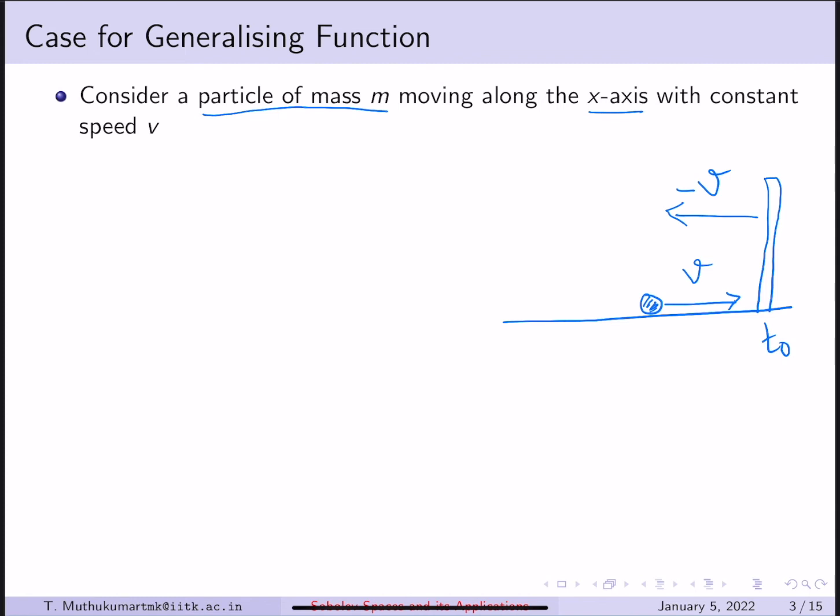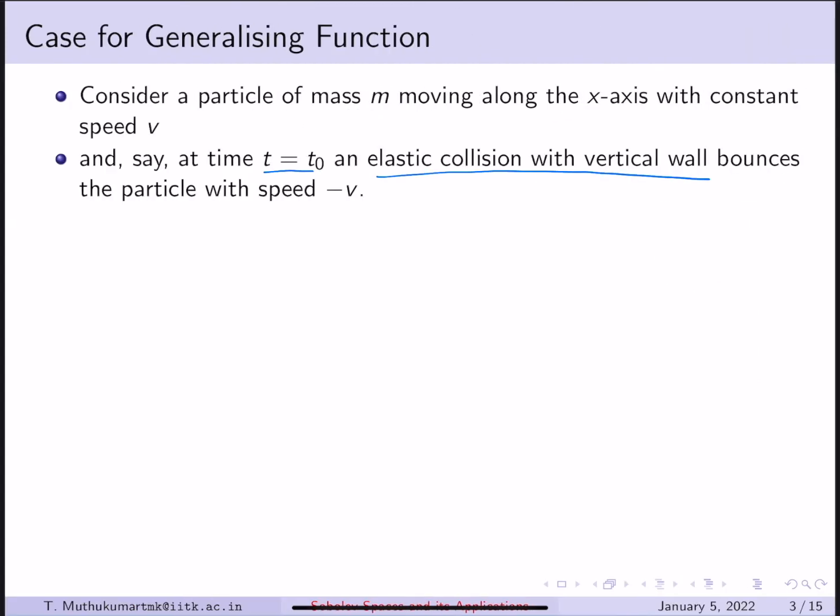There's a particle moving along the positive x-axis, hitting the wall at time t equal to t0, and then bouncing back with the same speed in the opposite direction. So the particle has an elastic collision with a vertical wall and bounces back with velocity minus v.